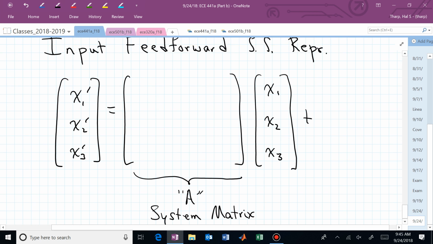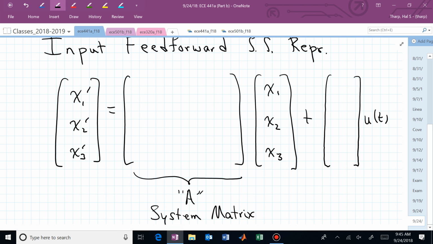It has to be compatible with the left-hand side, and the left-hand side matrix is 3 tall, and it's 1 wide. And we now simply populate this with the coefficients from those 3 coupled differential equations.